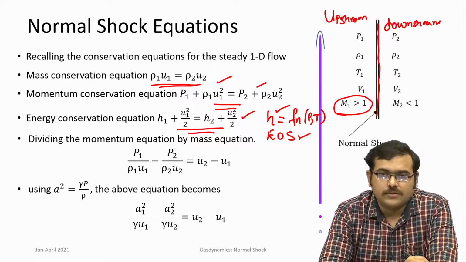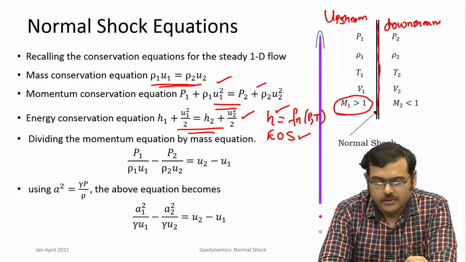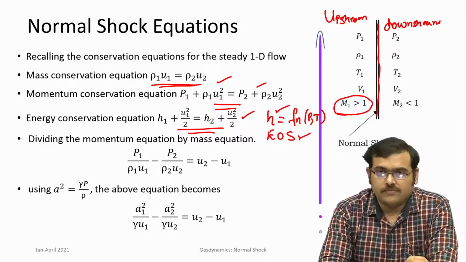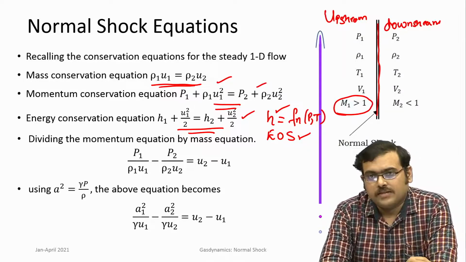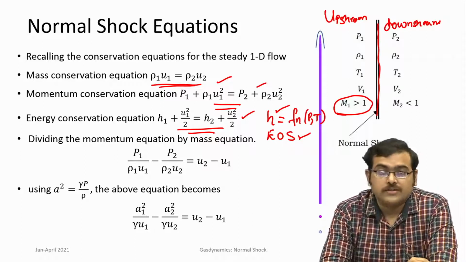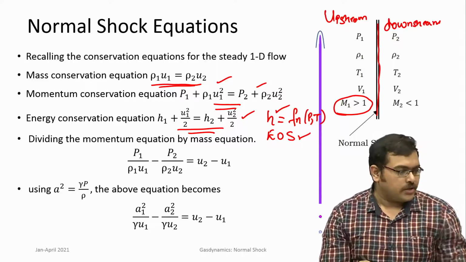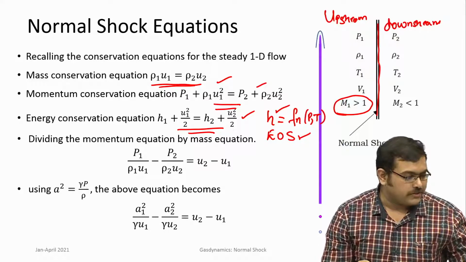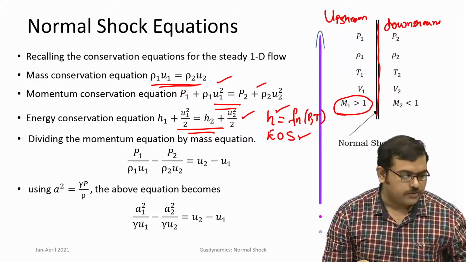This is the most general form. Here no assumptions are used, and it can be applied to any gas dynamic flow, including cases where there are changes in Cp and it is not a calorically perfect gas. You can apply these equations in that case also, but then you may not get closed form solutions.